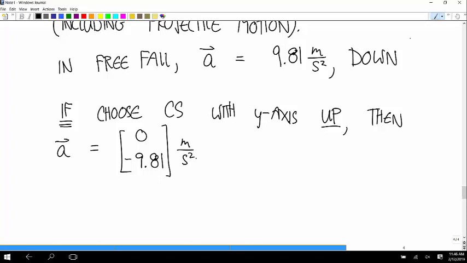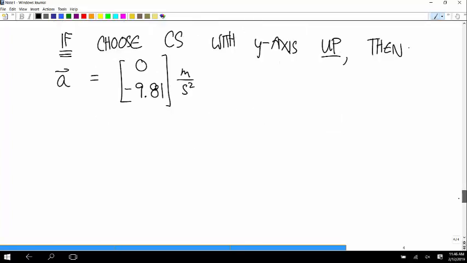Any questions about that? Yes, just a second. That's only if it's just straight up, the y-axis, yep. That's what we're going to usually use. If it's at an angle, then what we have is this. This is our acceleration vector, okay?